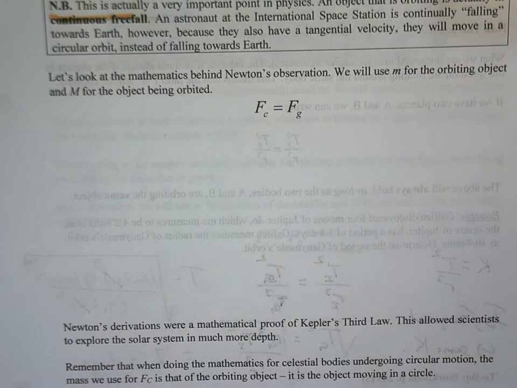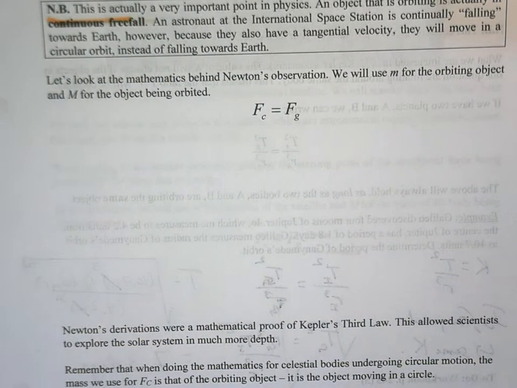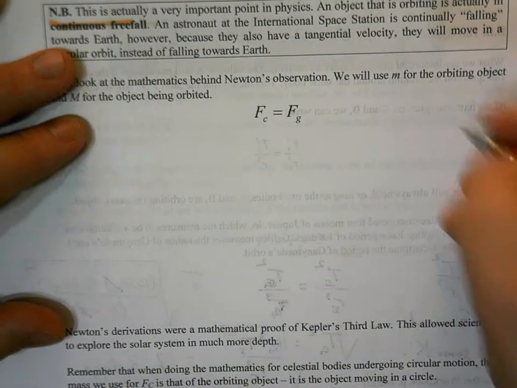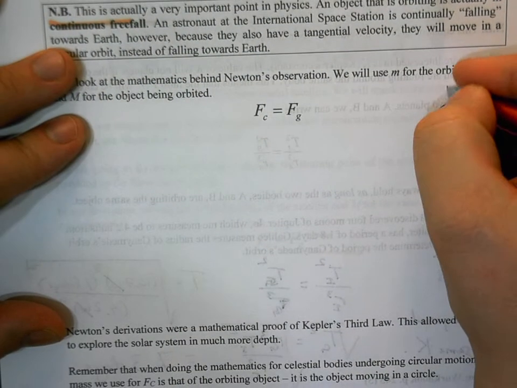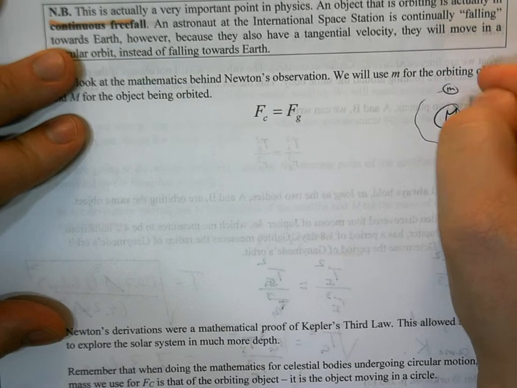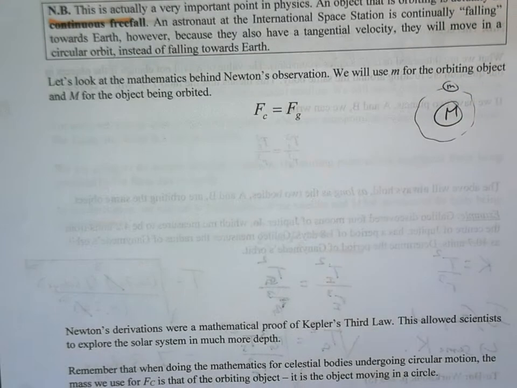So he said that the centripetal force was provided by the force due to gravity. Now because we're not on the surface of the Earth, we're using the moon and the Earth, we have to use Newton's law of gravitation for this. So we're going to use little m for the orbiting object, and big M for the object that's being orbited. So little m is doing the orbiting, big M is the one that is kind of staying in place.